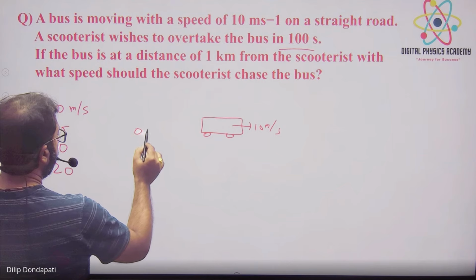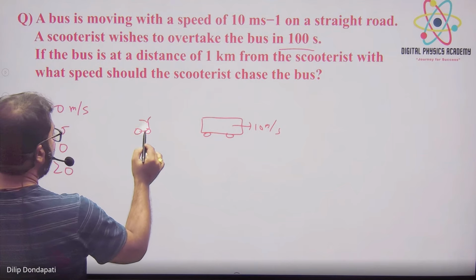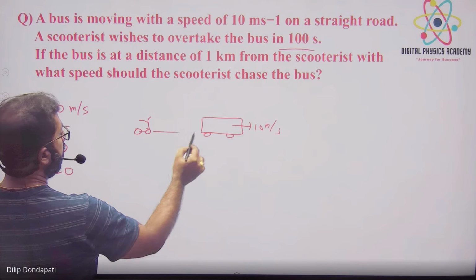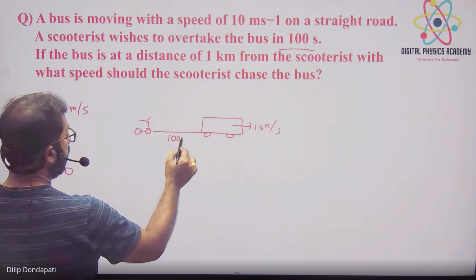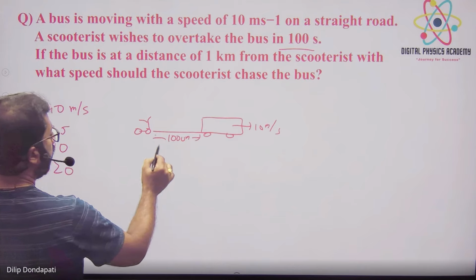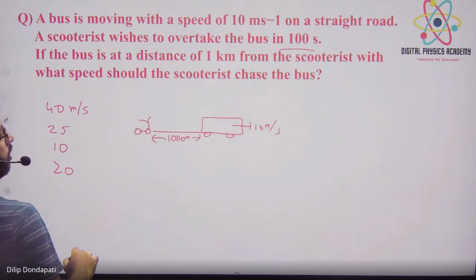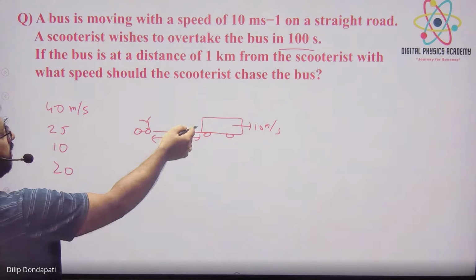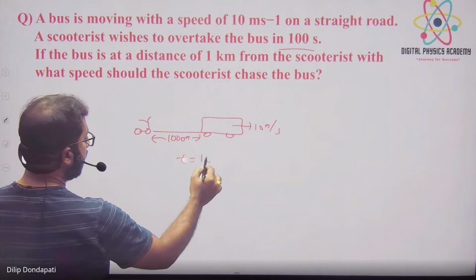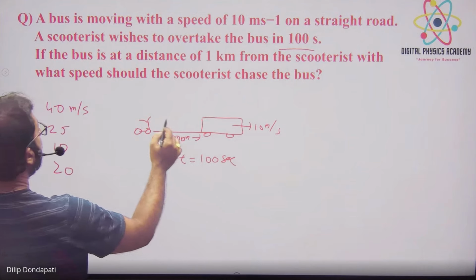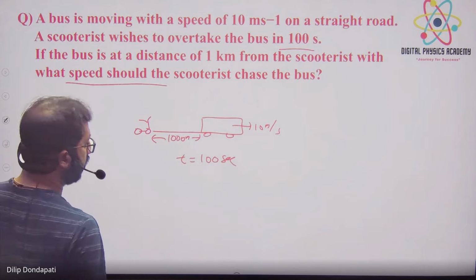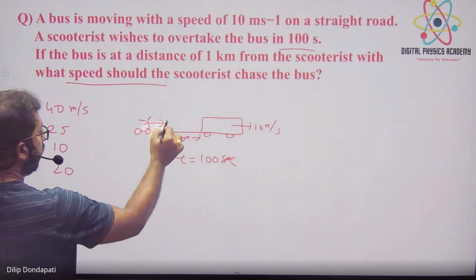The scooterist is 1 kilometer, 1000 meters away, behind. He wants to cross the bus in 100 seconds. So he is asking what should be the speed of the scooterist. What will the speed be? V.